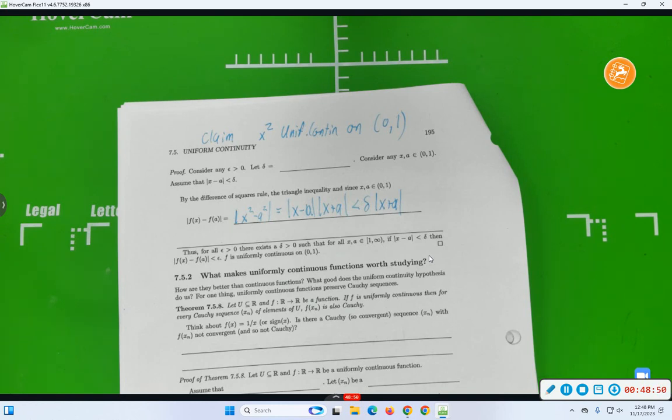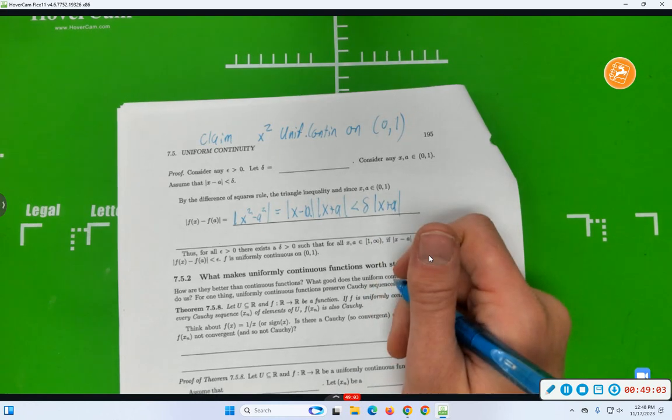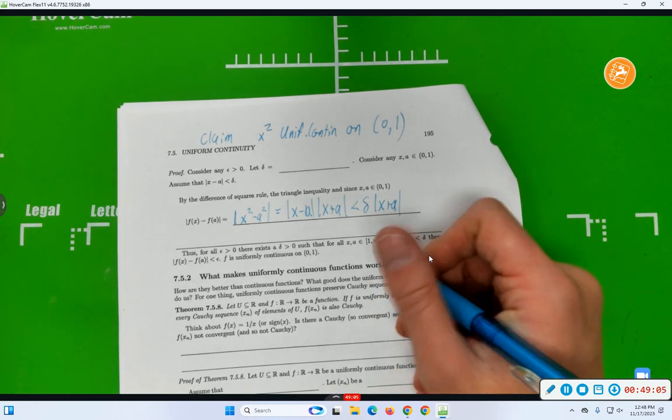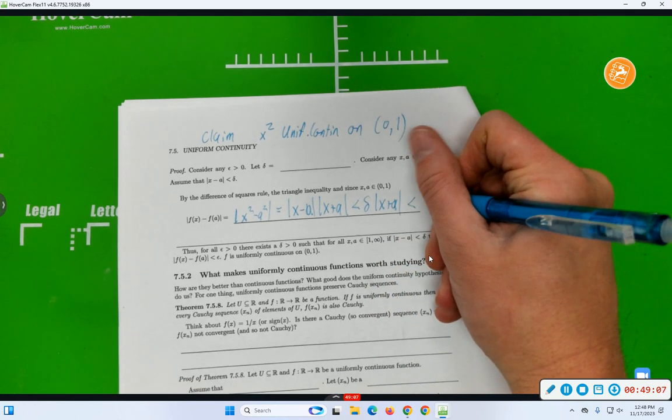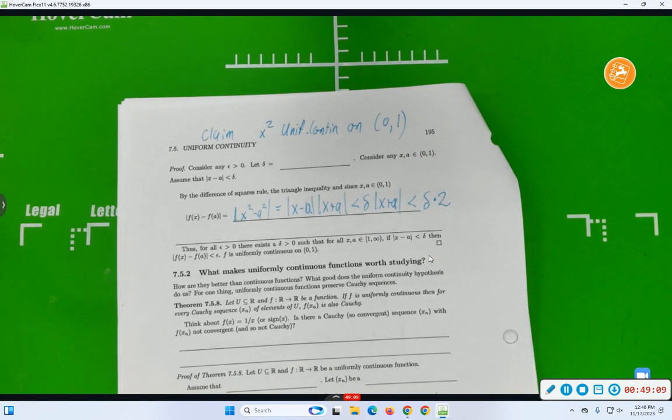But we don't have to do that this time. In fact, we can't. That would be a bad thing to do. What's the biggest x could be? What's the biggest a could be? 1. What's the biggest x plus a could be? In fact, the biggest it could be is slightly dishonest. It's strictly less than 2. Oh, cool. So what's a good choice of delta?